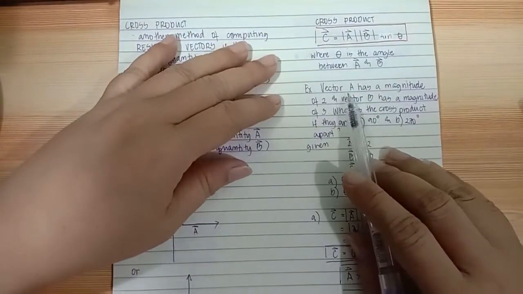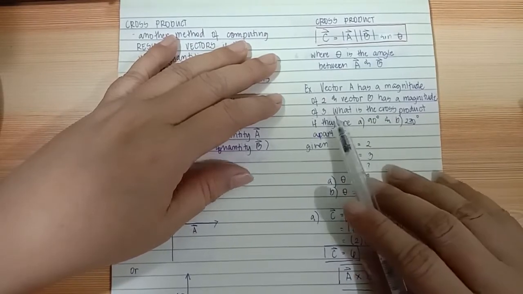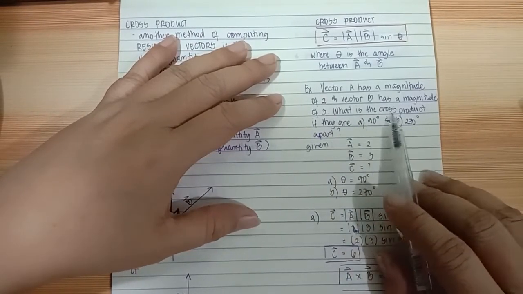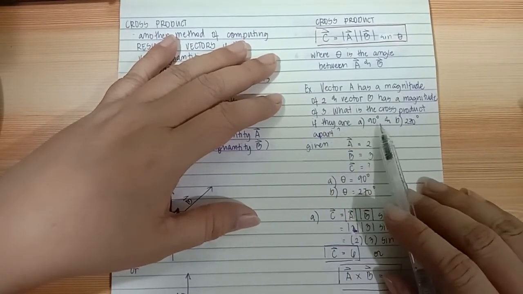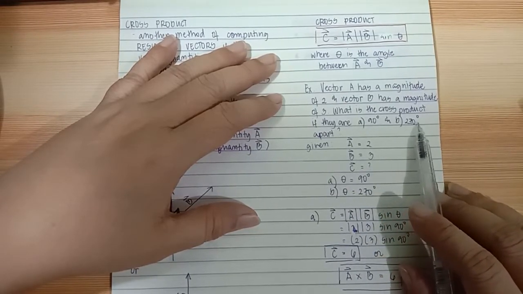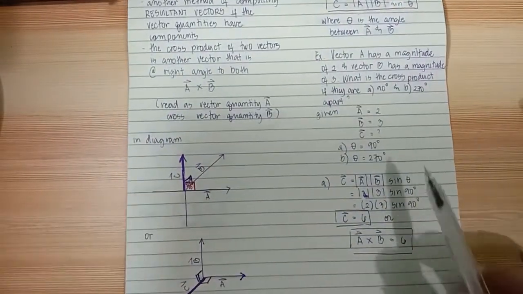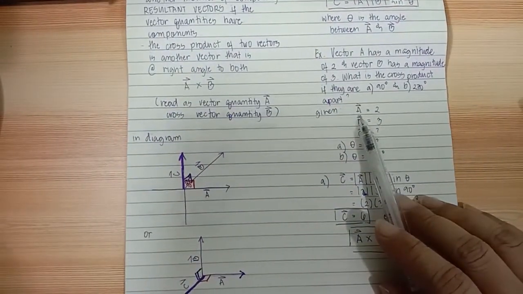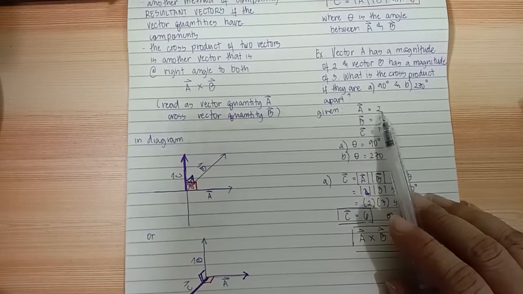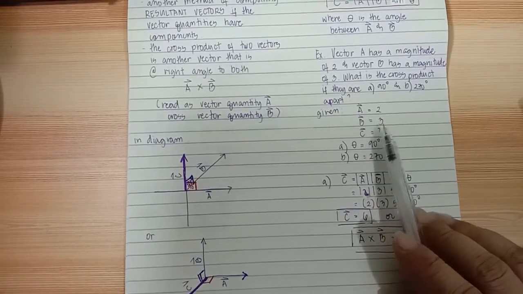Let's say, vector A has a magnitude of 2 and vector B has a magnitude of 3. What is the cross product if they are 90 degrees and 270 degrees apart? Okay? So, ang given natin dito, we have the value of vector quantity A, which is 2. Then, we have the value of vector quantity B, which is 3.